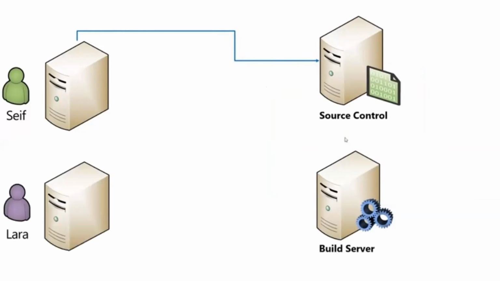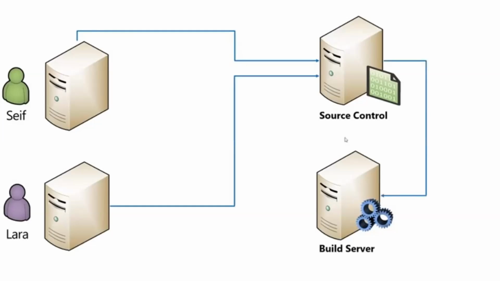Now, here is Laura. On another day, Laura comes in, she picks up the code again, and she's making modifications. She may be adding modifications, and again, she checks in her code. So the build server again, the moment you check in, you commit. That is what is referred to as a commit. As in when the developer fixes something, he thinks it's in a good condition to be released, they check in, they commit.